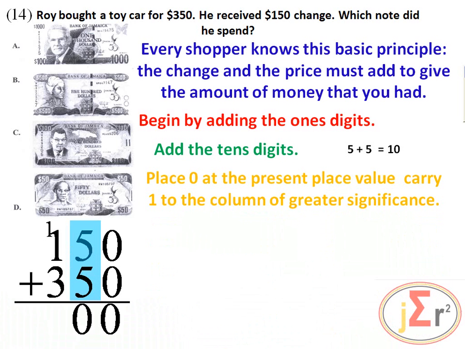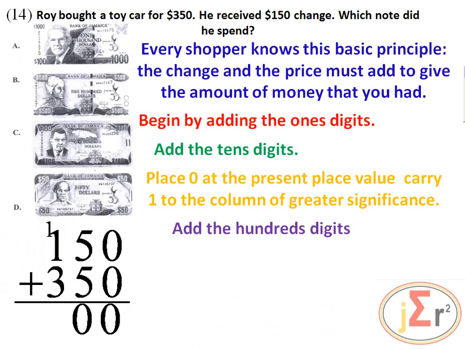So 0 will take its rightful place. The 1, being a tens digit, is carried to the left, where we find those digits that are of greater significance. And the 1 to the immediate left is always 10 times the present place value.